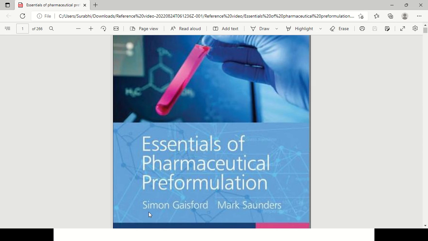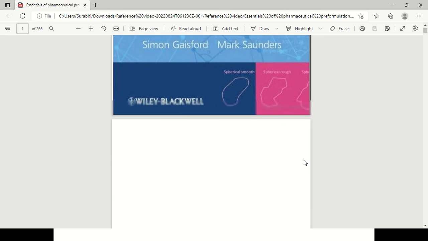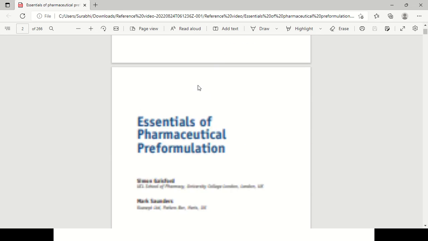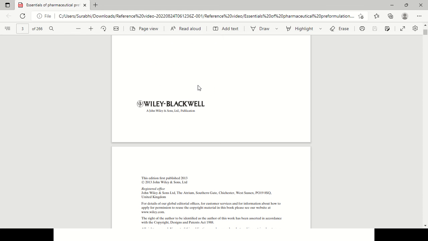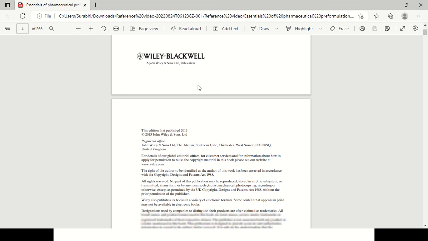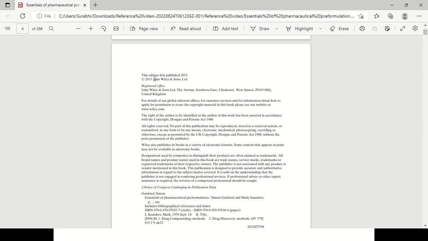The authors are Simon Gaisford and Mark Saunders. It is published by Wiley Blackwell. Then you can find other information like the year of publication. You can see this edition was first published in 2013.